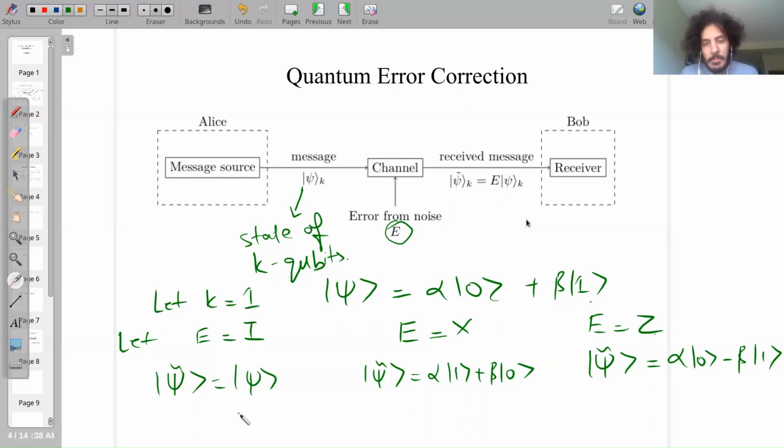If errors have some probability, then with that probability Bob will receive the wrong message. So we want to come up with procedures that improve the possibility that Bob receives the correct state, and we want to design these procedures for any generic sort of noise.